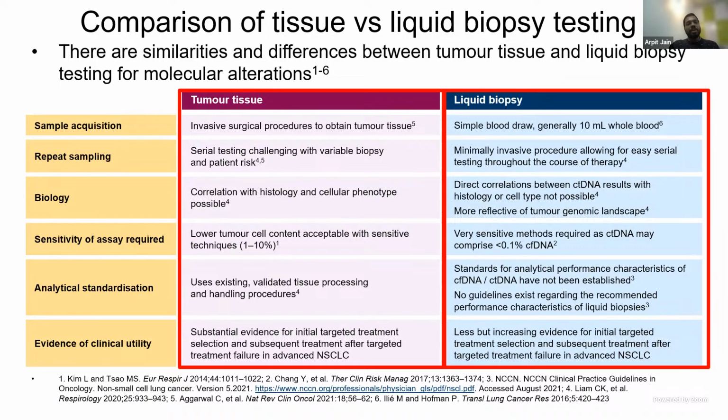The repeatability of sampling is also a concern in tissue-based testing, while liquid-based testing can be repeated down the line during the course of treatment. Tumor heterogeneity can very well be assessed with liquid biopsy methods. The sensitivity of liquid biopsy methods is far greater as compared to tumor tissue: less than 0.1% of cell-free DNA can be used to detect genomic alterations with liquid biopsy.